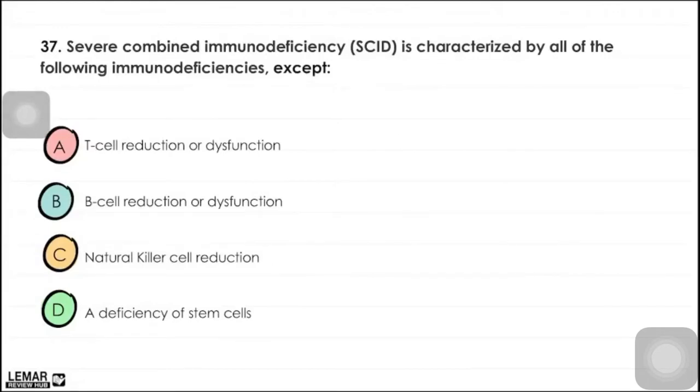37. Severe combined immunodeficiency, or SCID, is characterized by all of the following immunodeficiencies except A, T-cell reduction or dysfunction, B, B-cell reduction or dysfunction, letter C, natural killer cell reduction, or letter D, a deficiency of stem cells. So let's define first what is SCID.